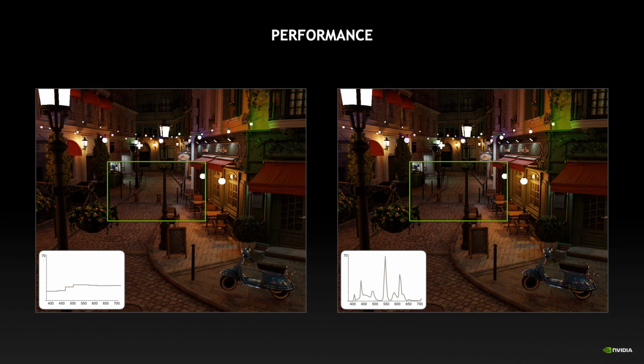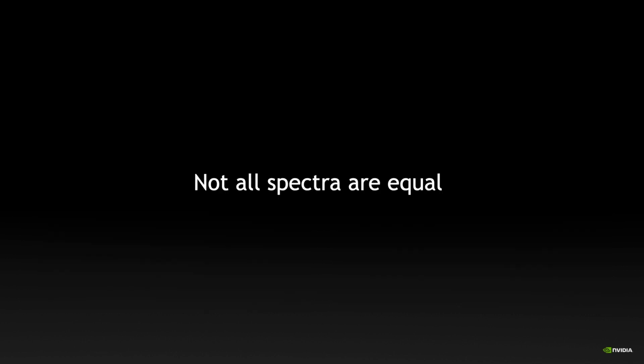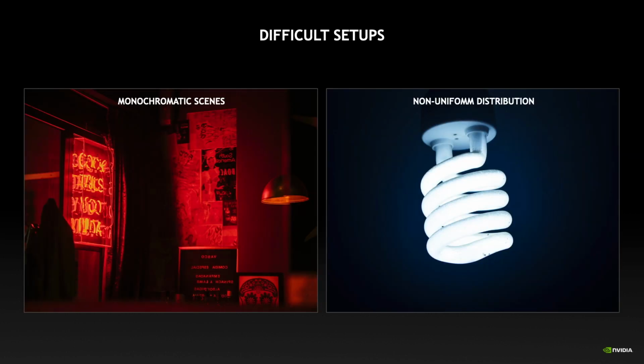And the reason for that is that they use a different light source. One of the light sources, the one to the left, is smooth. The one to the right is again a fluorescent F10 light source, so quite spiky. And this means that the spiky one will take a lot longer to converge because the Monte Carlo approach has a harder time finding the high energy wavelength. What we can learn from this is that not all spectra are equal.